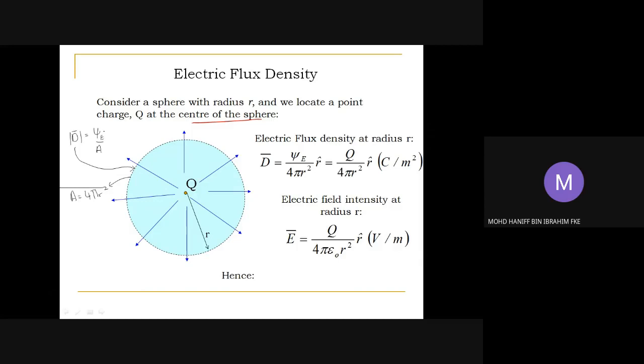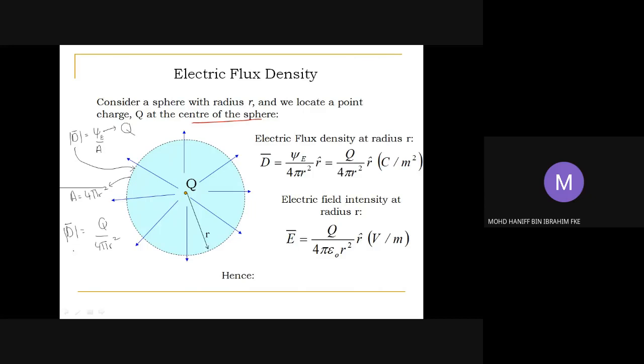So the amount of flux that leaves this closed surface shall be equal to the charge Q that is enclosed inside the surface, in which you can write that psi of E shall be equal to Q. So from these two concepts, the flux density magnitude D shall be equal to Q divided by 4 pi r squared.